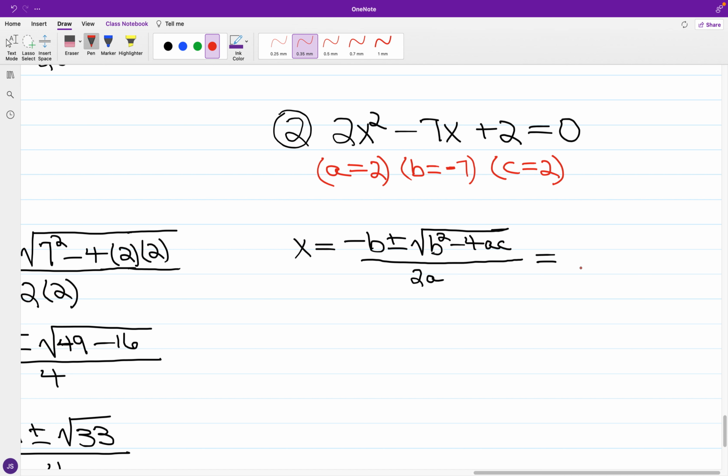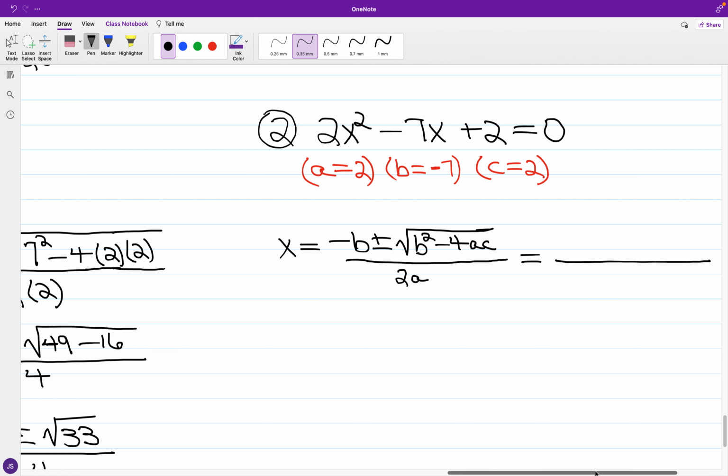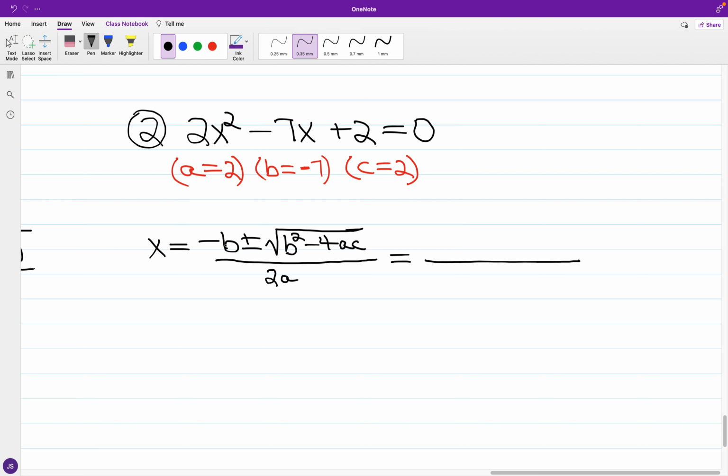So for negative b, if you notice b is at negative 7, but I'm still having to apply the negative over b. So I'm looking at the opposite sign of negative 7. We have plus or minus the square root. And in the case of b squared, we have the square of negative 7.